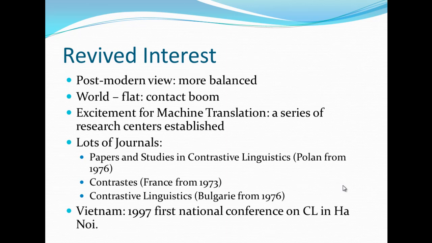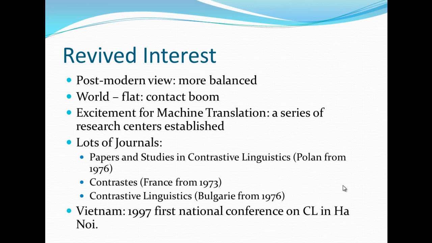What I mean is that in the current context of the 21st century, the world is much flatter, with a boom in business exchange, in academic exchange, and especially in the internet, making a lot of changes by breaking down barriers across cultures.